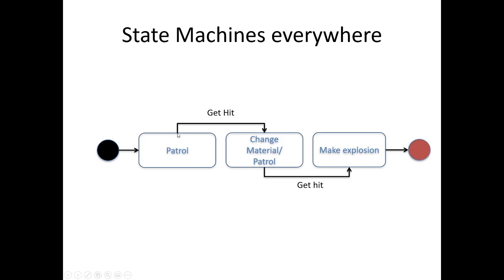Regardless of what else is happening in the world, until we get hit, we follow this line, and now we're over to the change material and patrol state. And then we get hit again, and we make an explosion, and we make a sound, and then we destroy our character. So this one actually did have an end state because we did destroy our character.